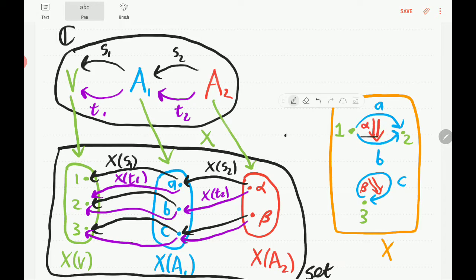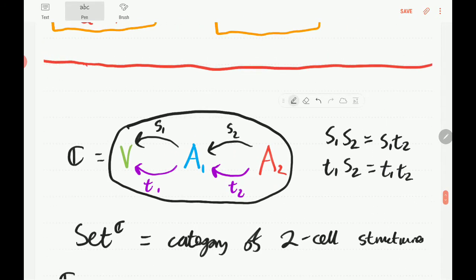So for example, alpha here points from A to B, because X of S2 of alpha equals A and X of T2 of alpha equals B. And then the source and target of a one arc, which vertices they are, are given by X of S1 and X of T1 in a very similar way to what happens in graphs. Okay, so this gives us this two-cell structure, but we do want these equations to hold true.